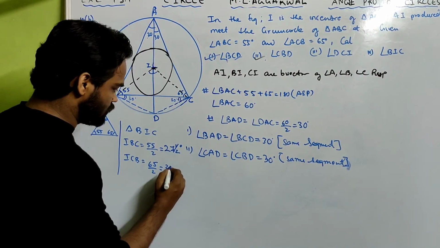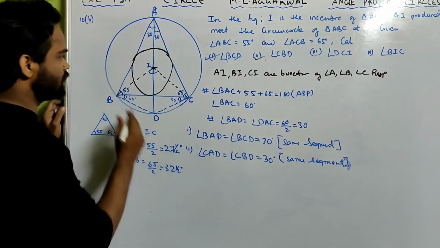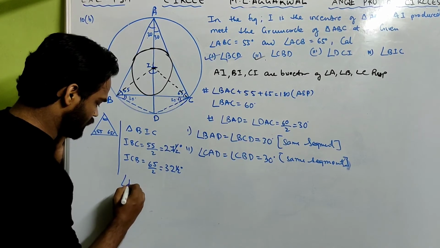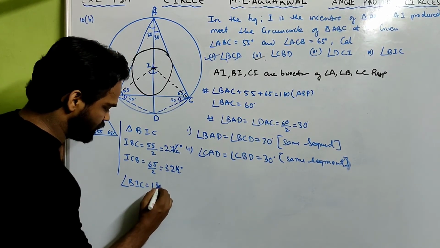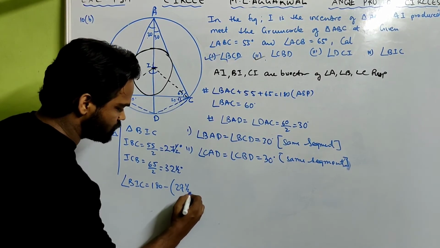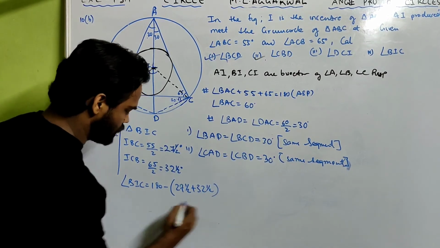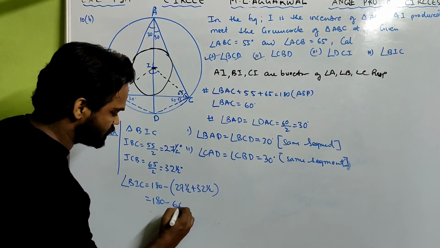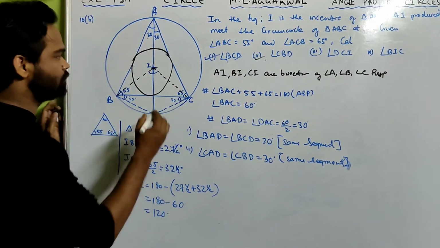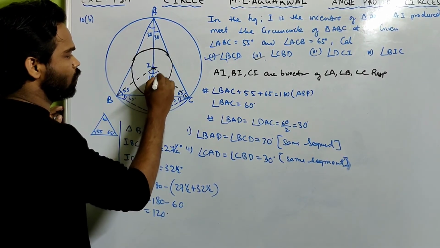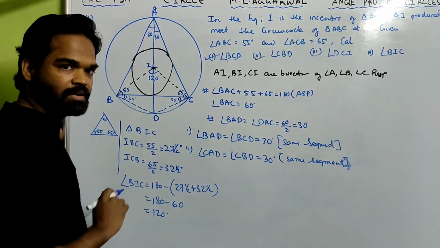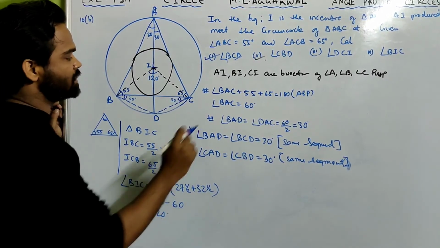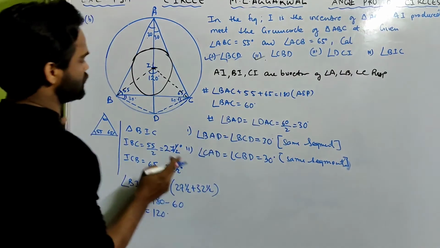So that's 32.5 degree. Therefore, angle BIC will be 180 minus these two angles, isn't it? Which means 180 minus 60 is 120 degree. So this is also done. Clear?